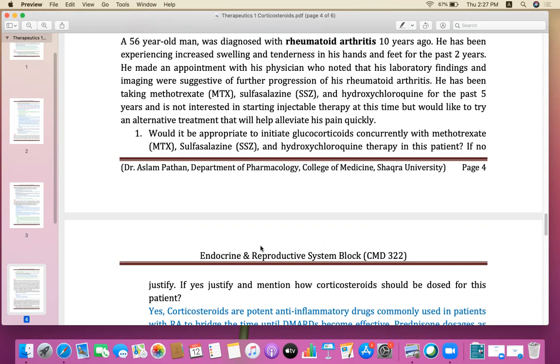Now, the drugs for rheumatoid arthritis are right: methotrexate, sulfasalazine, and hydroxychloroquine. Okay, but the doctor wishes to add glucocorticoids. No problem, because glucocorticosteroids have anti-inflammatory activity. So what will be the answer?